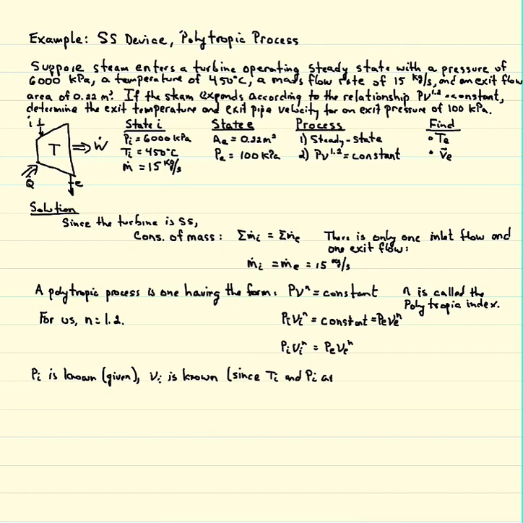So I can go to my table and find Ti and Pi and thereby determine Vi. Pe is known. That is also given. So I can use my polytropic equation to solve for my exit specific volume.